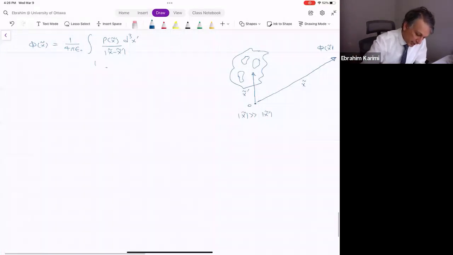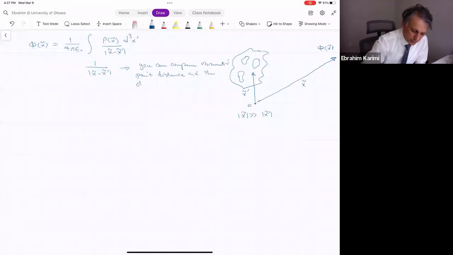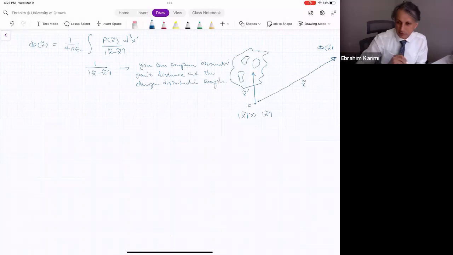Okay, so 1 divided by |X minus X prime| is the only term that you can compare: the observation point distance and the charge distribution length, or you can have it in terms of volume.